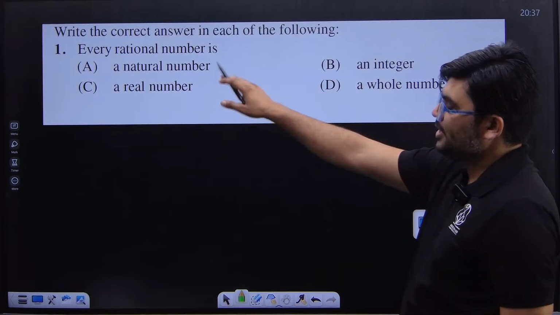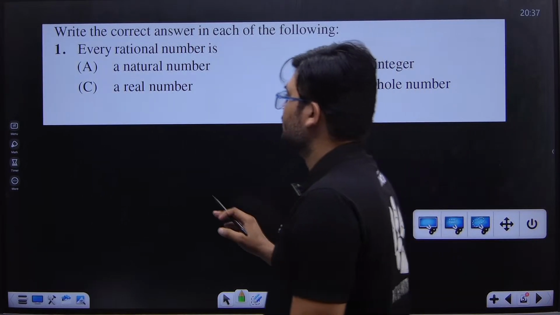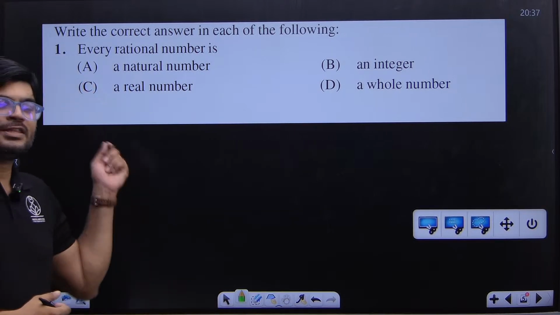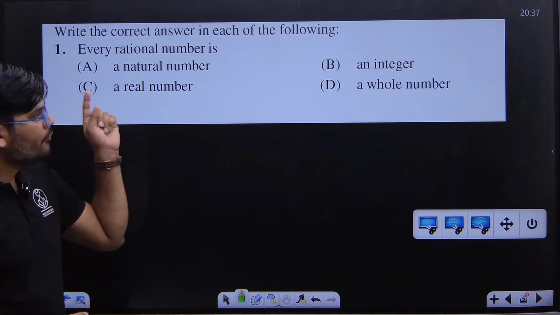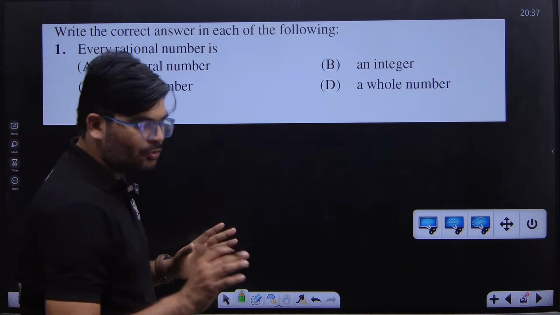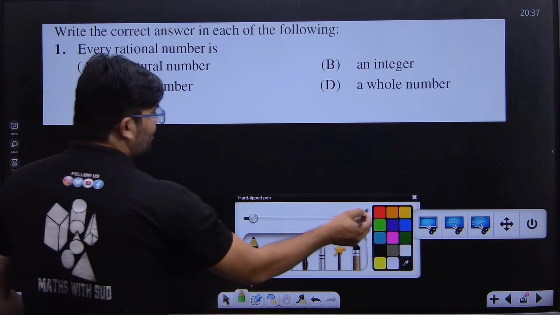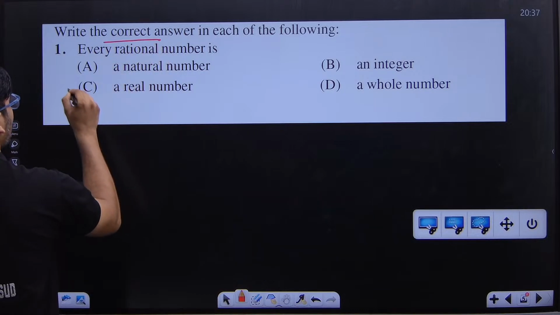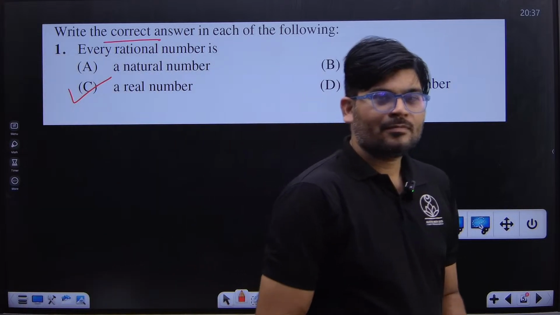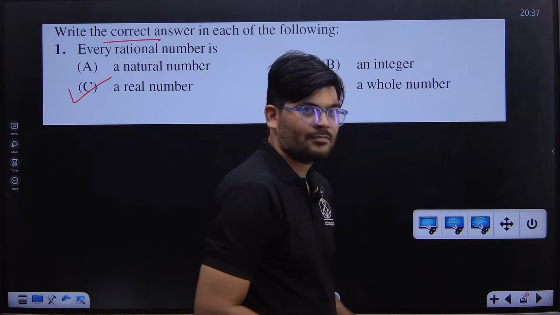Now tell me, every rational number is what? Is it a natural number? Think of a rational number and decide whether it is a natural number or not. No, my dear. Every rational number is a real number. Is whole number a subset of real?